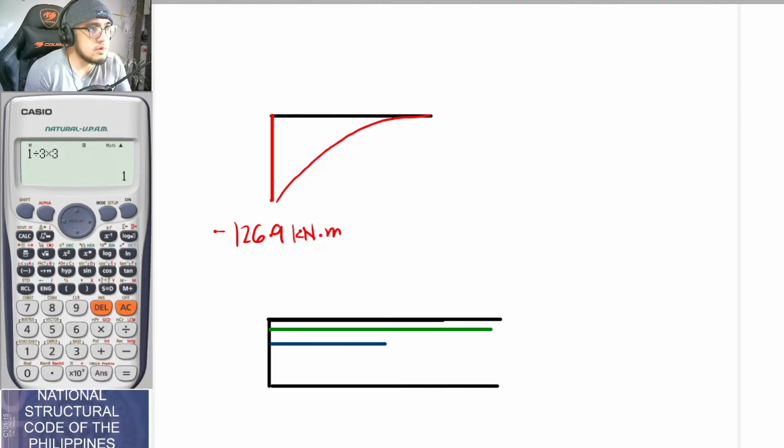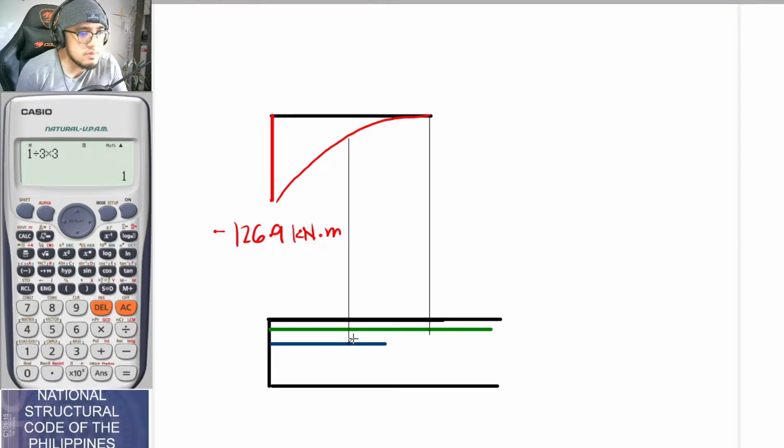If I draw vertical lines for you to see it, its theoretical cut point should be at this location.